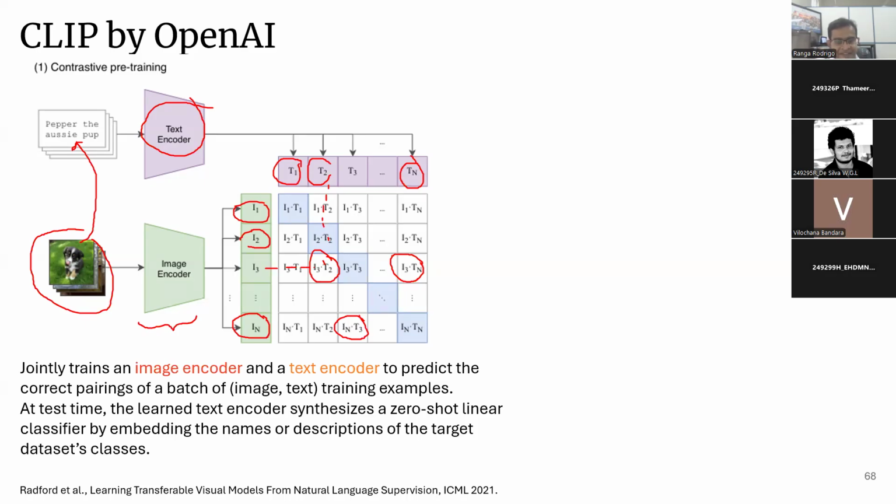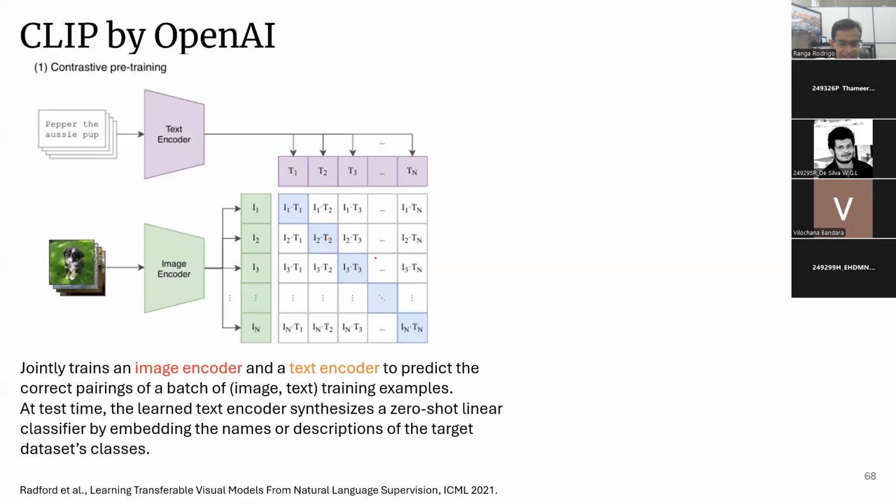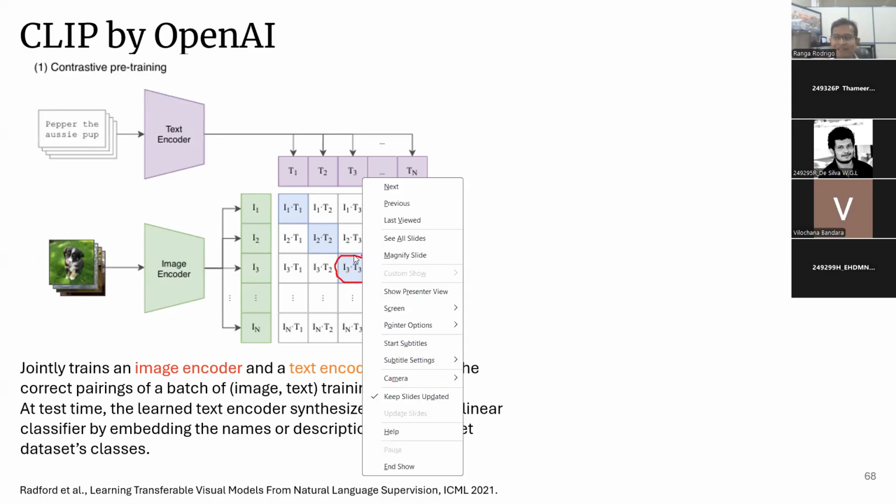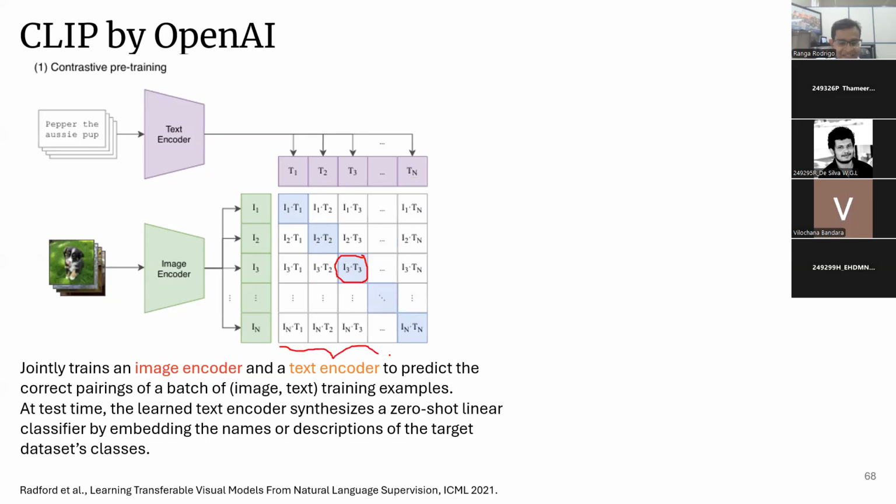In other words, the encoding of the image I3 and the encoding of the text of the image 3 must be similar. That means in this structure, in this n by n thing, the diagonals must be high. Only the diagonals must be high. See how easy that concept is.